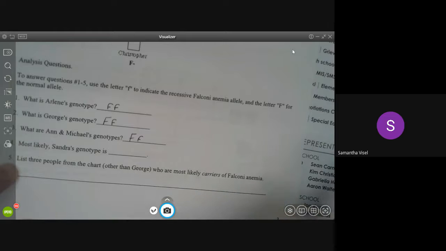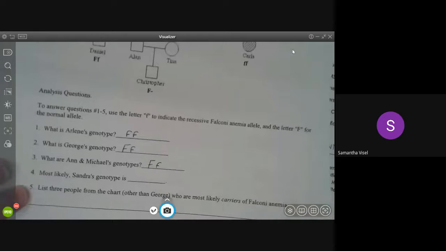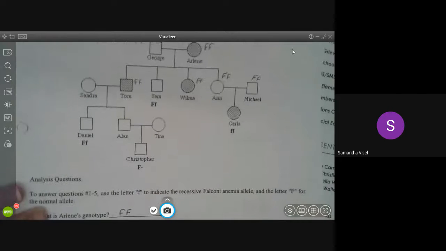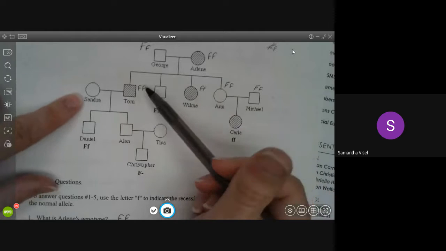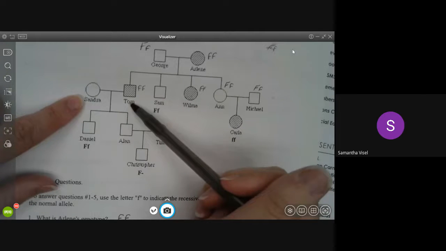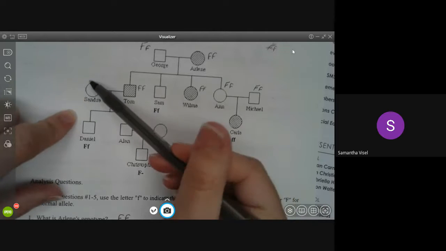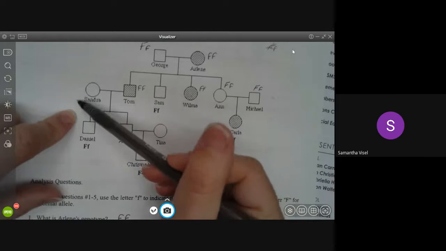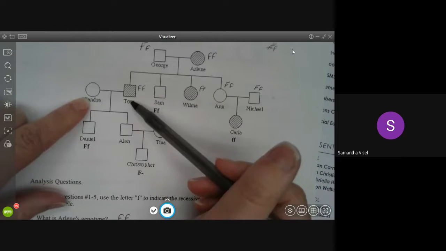Now we're asked about some most likely situations. So Sandra here is married to Tom. Sandra does not have anemia, and Tom does.